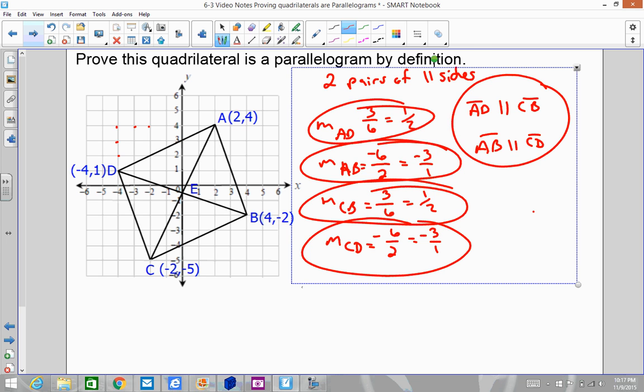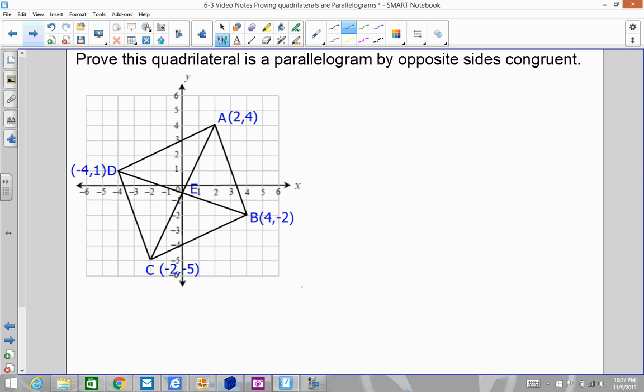Okay. All right, next one says, prove this quadrilateral is a parallelogram by proving the opposite sides are congruent. So A to D, we need to know the length of AD. So AD squared is equal to 3 squared plus 6 squared.